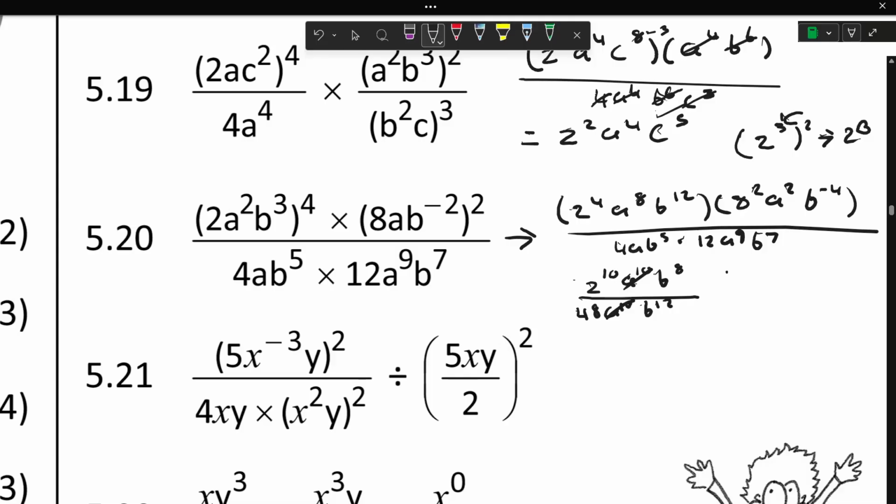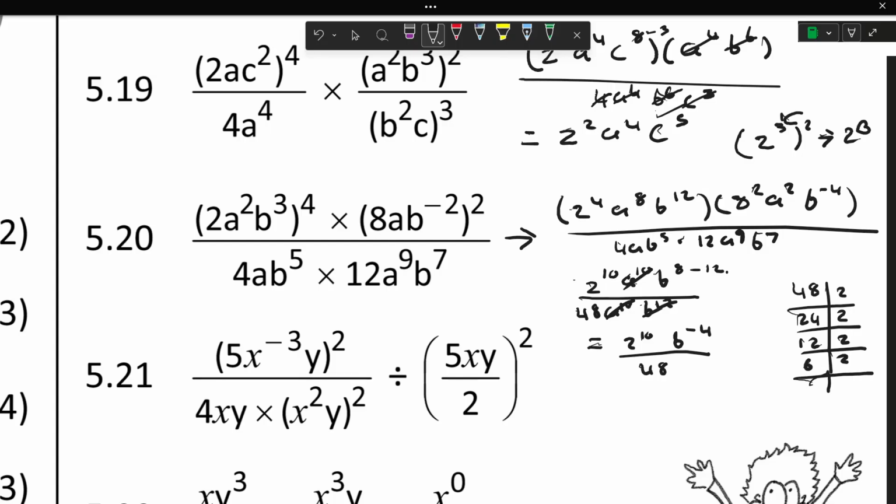So then we're going to say minus 12. And now it is equal to 2 to the 10 b to the 8 minus 12, b to the negative 4 over 48. Now that we've got this, let's go back to what I did over here, where I said 2, 24, 2, 12, 2, 6, 2, 3, 3, 1, 2, 3, 4.